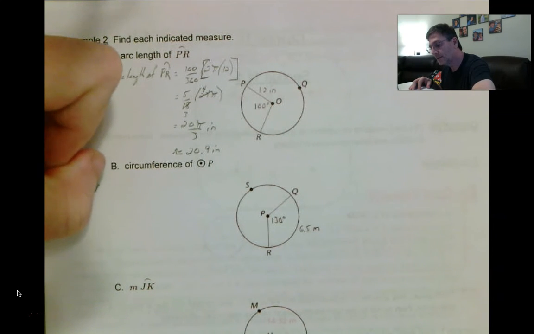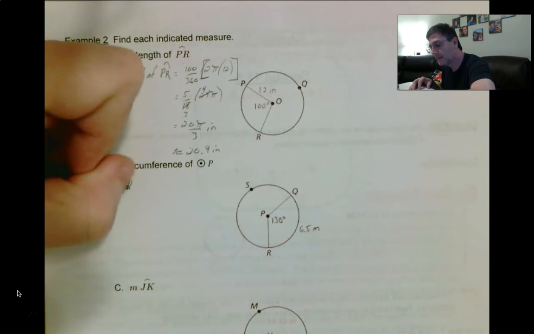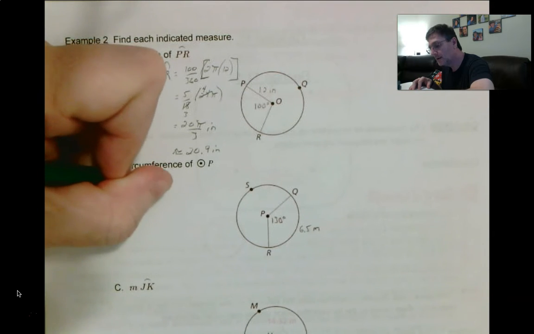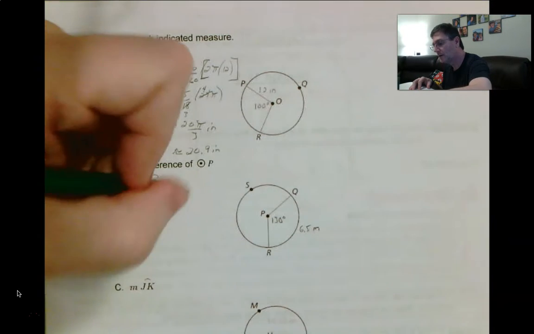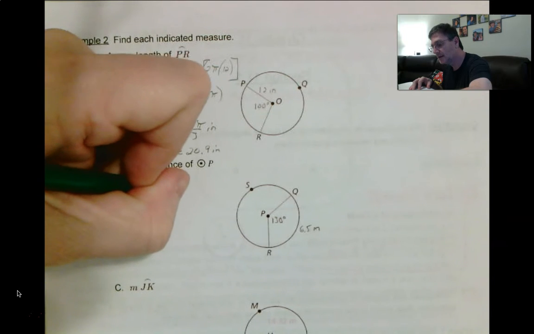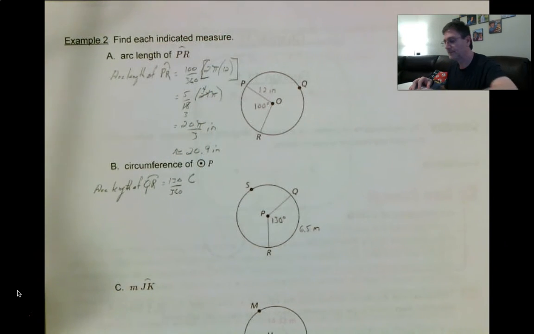So arc length of QR is equal to 130 over 360 times circumference.